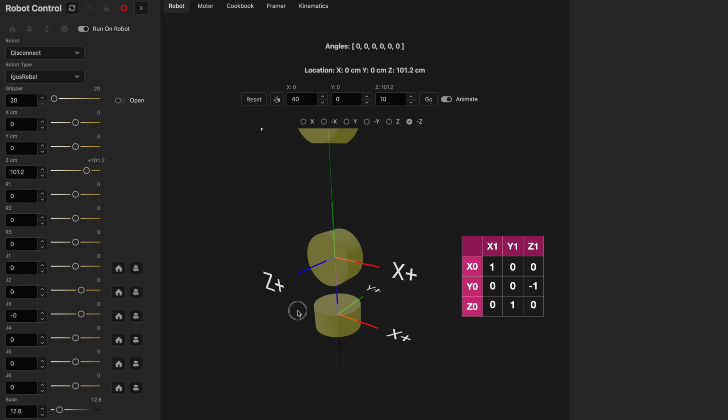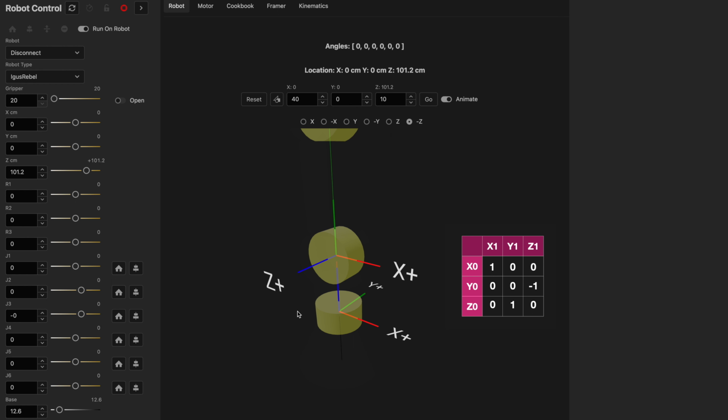If we look at the y1, we can see that the y1 is facing in the exact same direction as the z0. The green line of the second frame is pointing up, just like the blue line of the first frame. And if we finally look at z1's projection, we can see that z1 is pointing in the opposite direction of y0. So we put a -1 here.